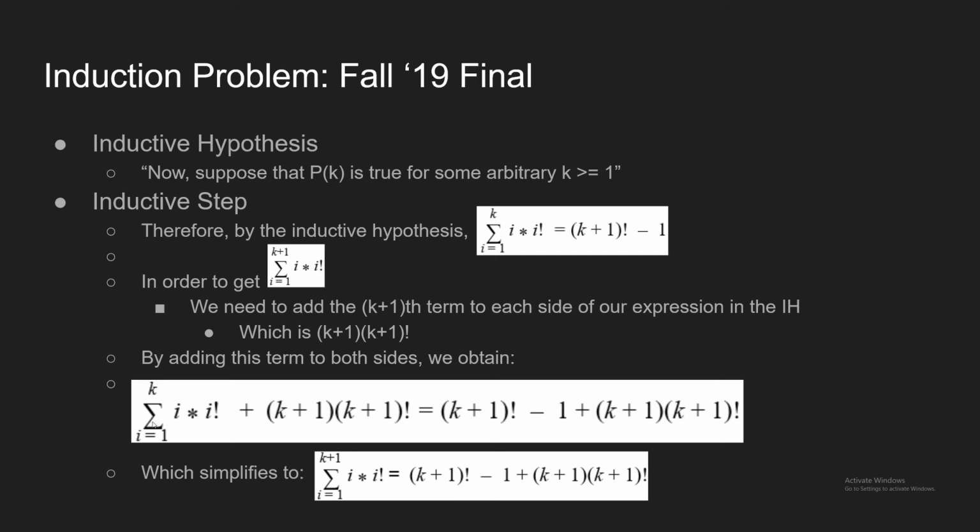Adding that to both sides, we get the sum from 1 to k of i times i factorial plus our (k+1)th term, and then that's equal to the right-hand side plus that (k+1)th term. So that's going to simplify to the sum from 1 to k+1 of i times i factorial, and then the right-hand side stays the same from this previous step here.